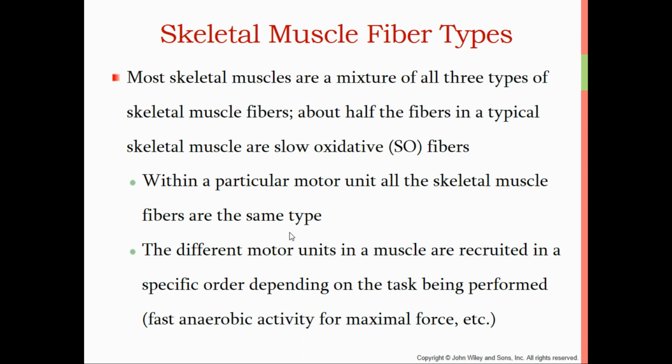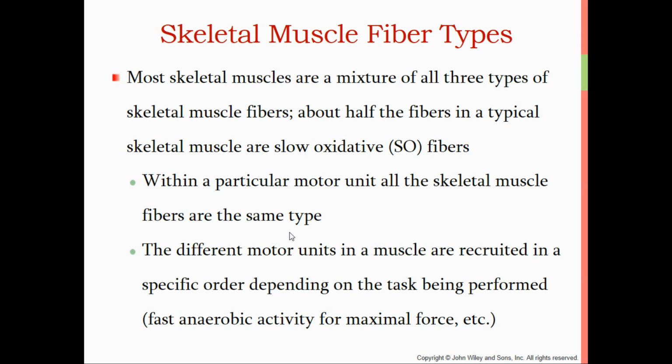And then neuron B is only going to be controlling slow twitch red. And then there'll be another neuron that will control in any given area your fast twitch white. You're not going to have neuron A controlling a section of fast twitch white and slow twitch red at the same time. It just doesn't work that way.